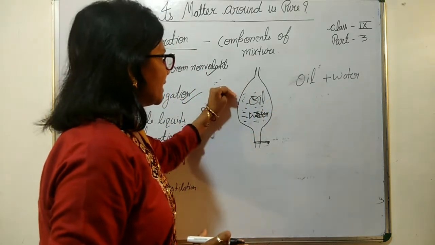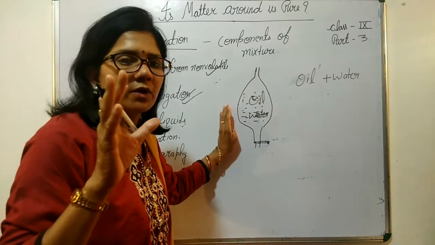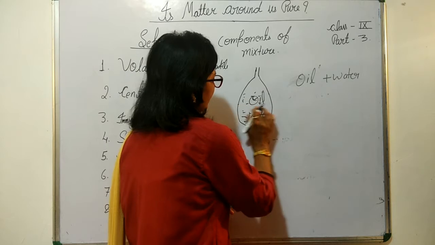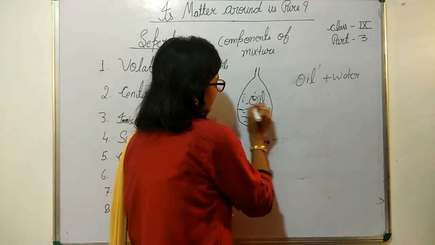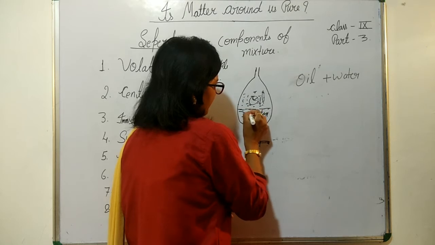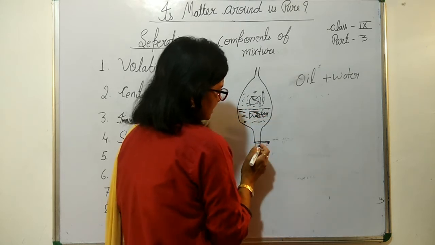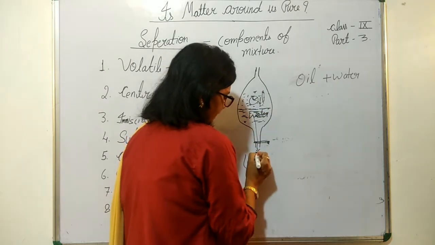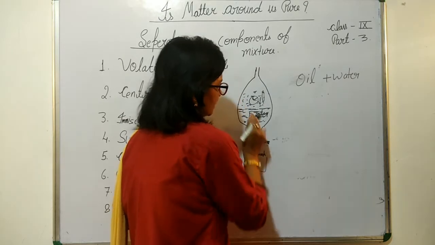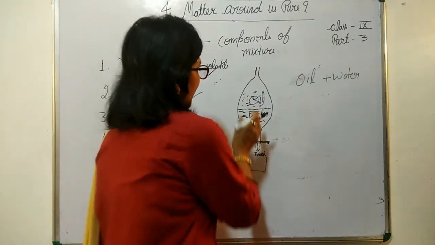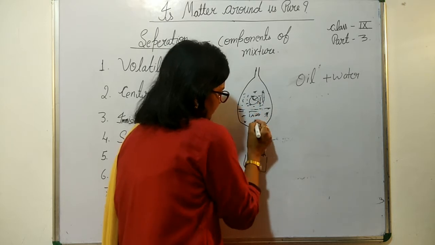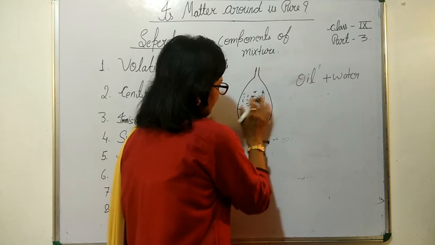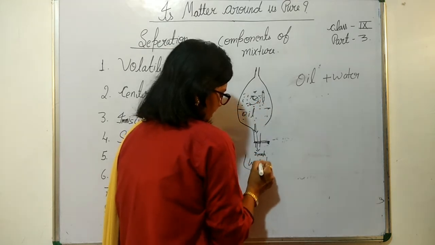It will happen when we allow this mixture to settle down for some time without disturbing it. What we do, very slowly we open this knob and the water is collected drop-wise, very slowly, so that it will not be disturbed. When the whole water has come out, the oil takes its place finally.